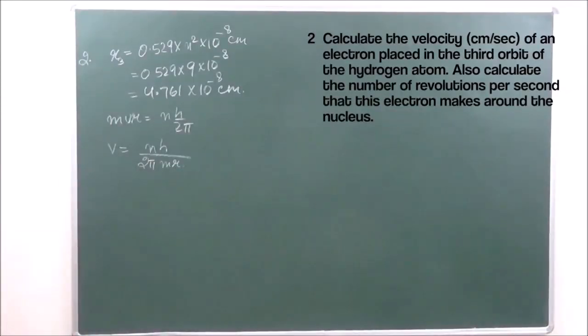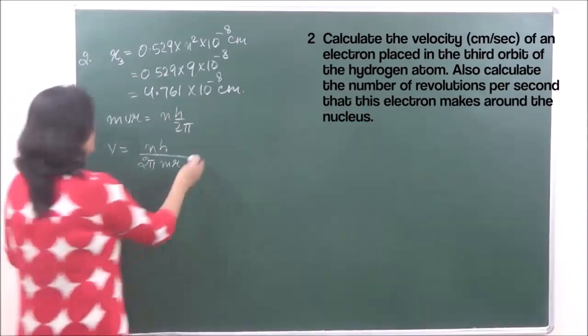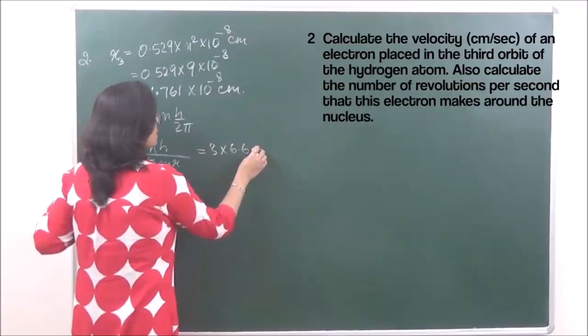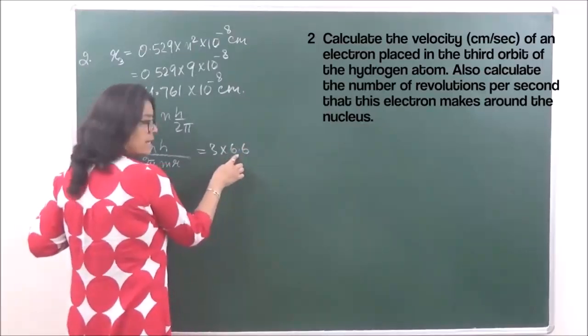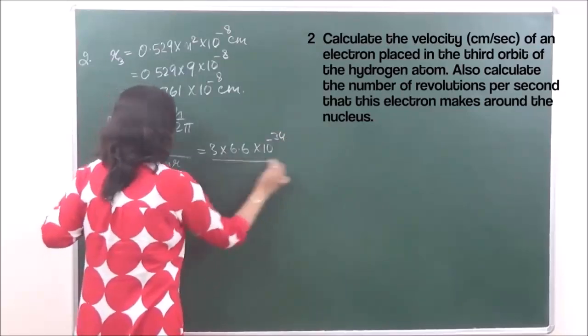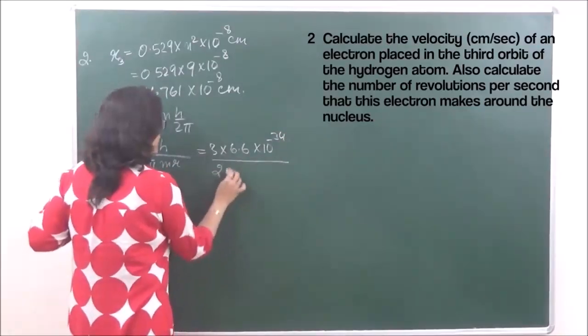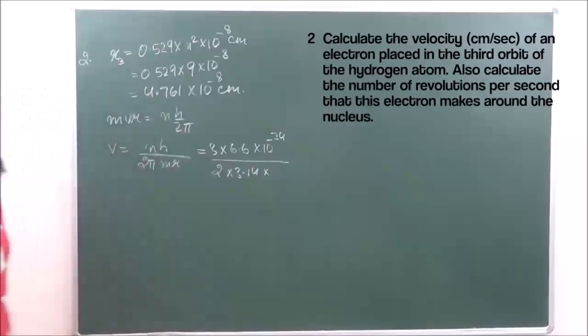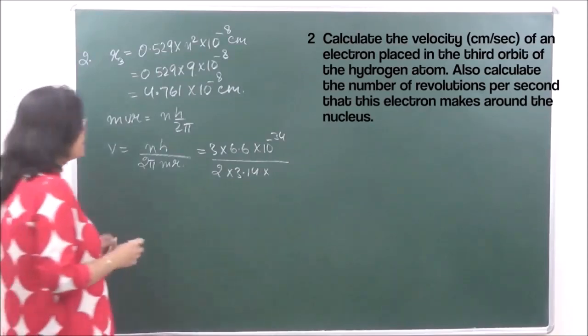The value of n given to us is 3. The value of h we can take as 6.6 into 10 raised to power minus 34 upon 2 into 3.14 into value of mass of the electron, that is equal to 9.11 into 10 raised to power minus 28 grams.